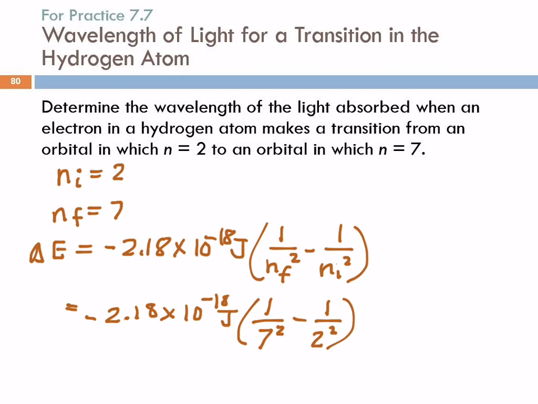And so I'm getting negative, I'm sorry, it's not negative, 5.01 times 10 to the minus 19 joules.